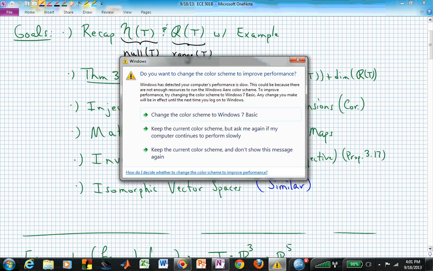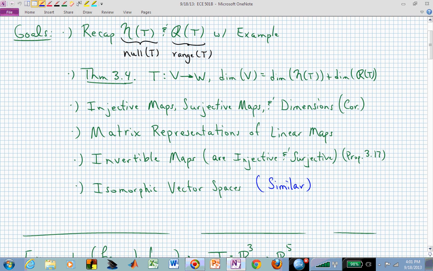Right now, let's begin the discussion with the same example, but compare the null space of T and the range space of T relative to that example. And that's actually going to hopefully motivate theorem 3.4, which is comparing these dimensions.